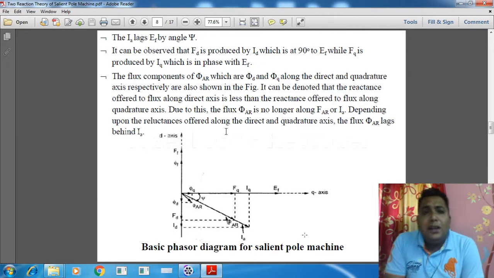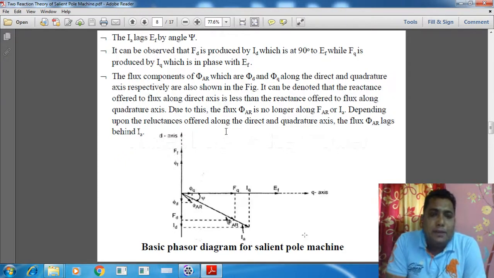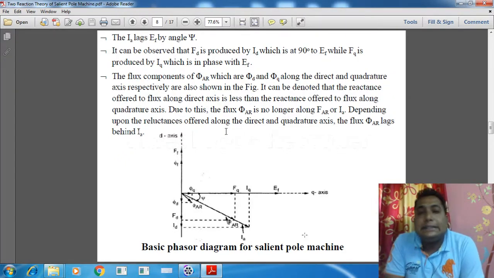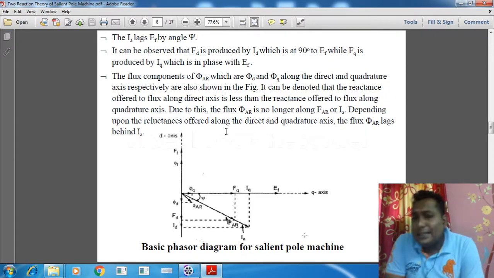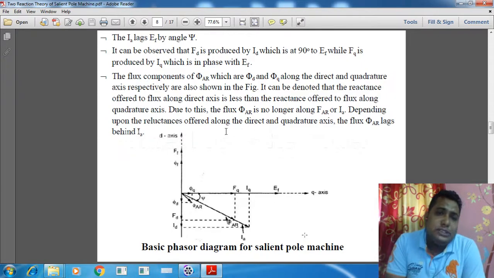It can be observed that this FD, the direct axis MMF, is produced by the direct axis current, which is at 90 degrees to Ef, while this FQ, the quadrature axis MMF, is produced by the quadrature axis current IQ, which is in phase with this Ef.